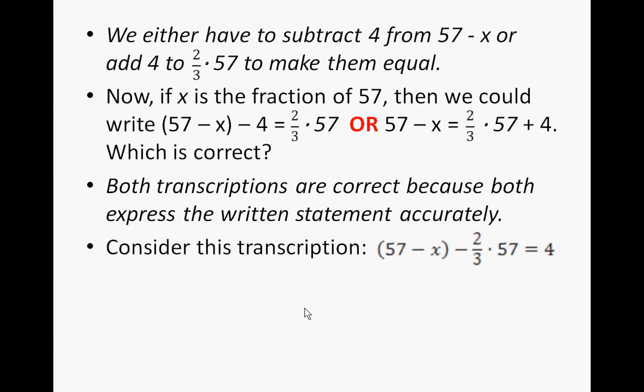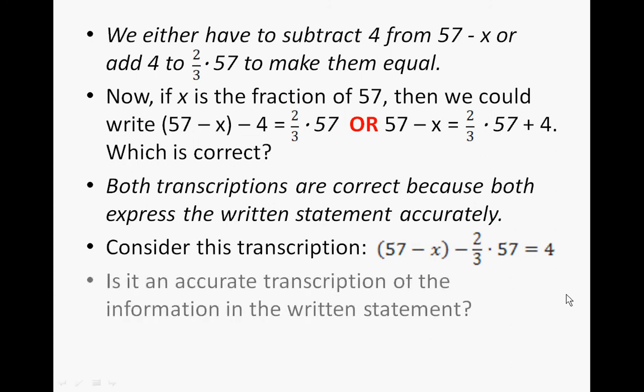So let's consider the transcription of the quantity of 57 minus x minus 2/3 times 57 is equal to 4. Ooh, can we say that? Is it an accurate transcription of the information in the written statement? So compare this to this to this.